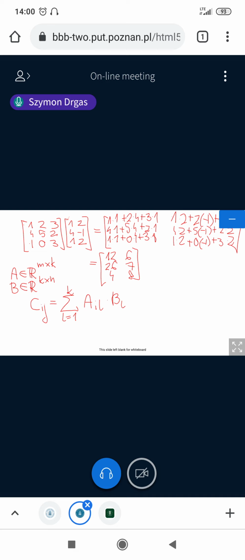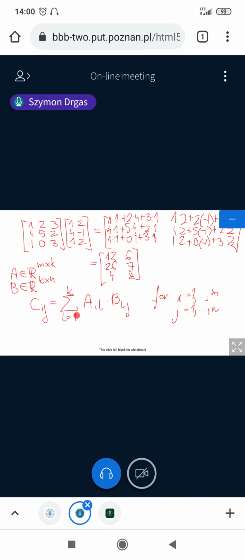and jth column. And we need to do it for i, which is from 1 to m, and j, which is from 1 to n.